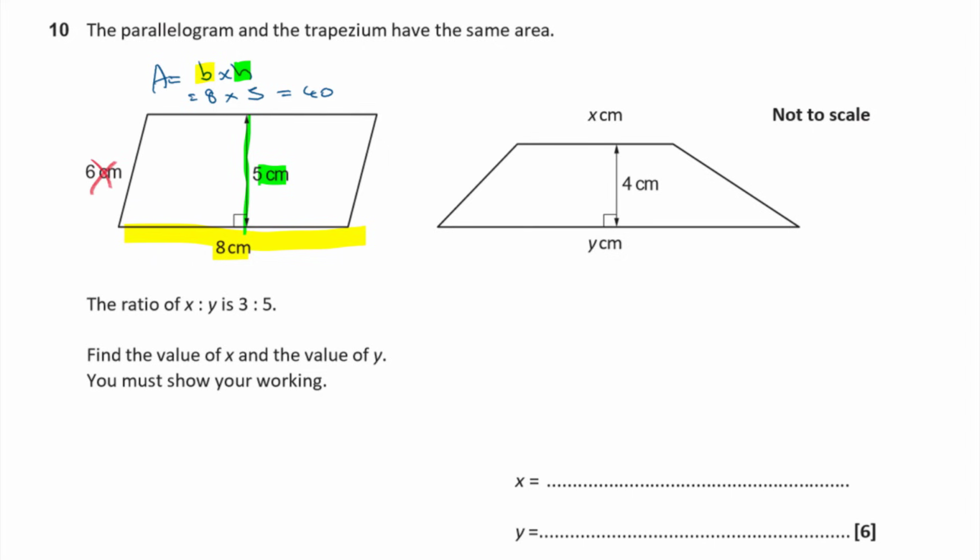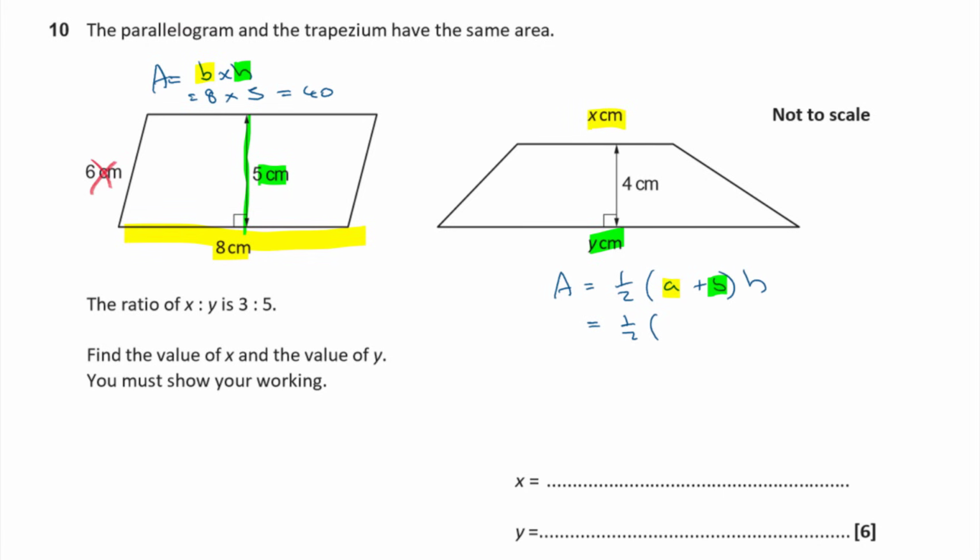Okay, so once we know that the area of the parallelogram is 40, then we know that the area of the trapezium is also 40. Now the area of a trapezium is a half times your a plus b value times your h value. a and b are your 2 parallel sides. In this case, a is x and b is y.